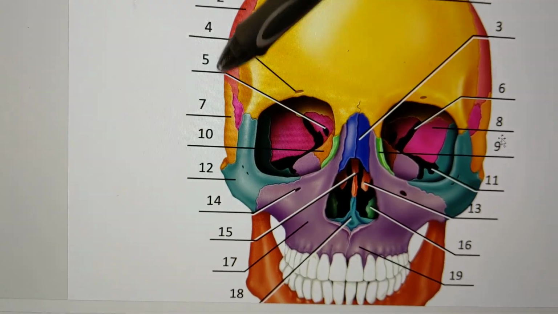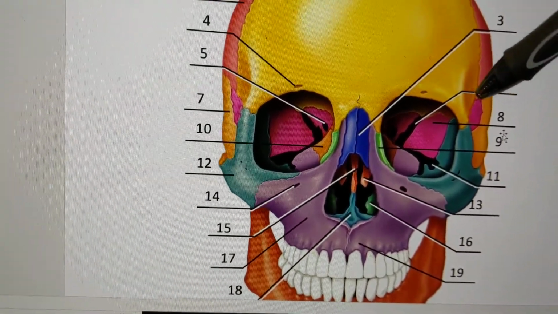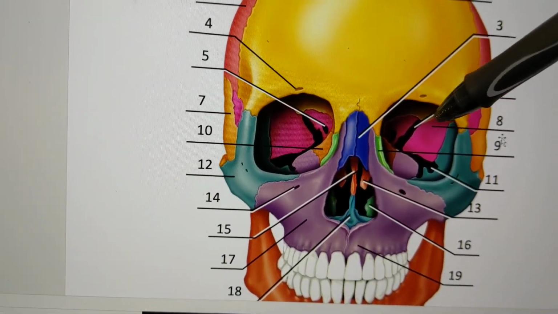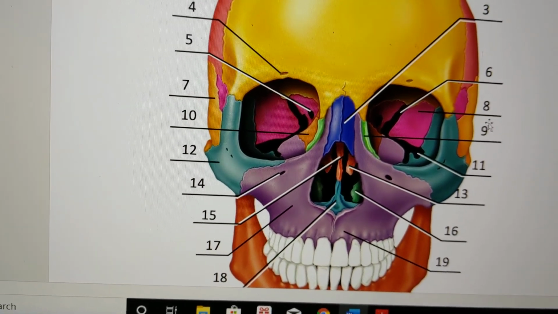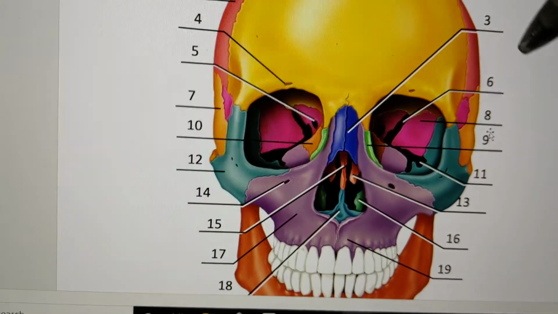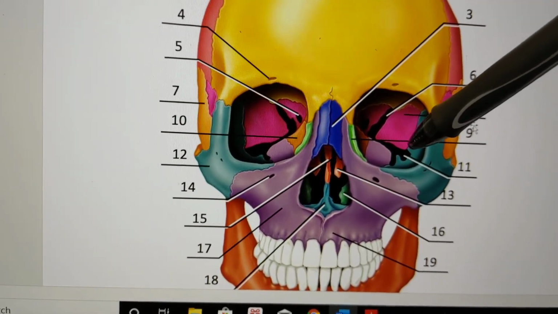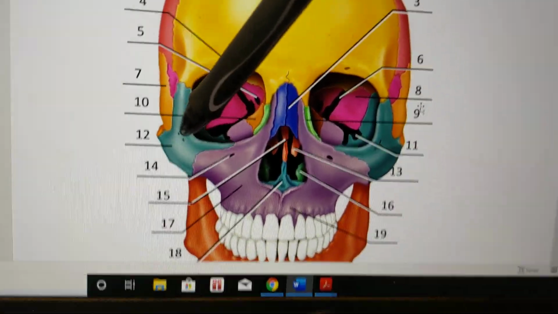7 over here is the temporal bone. 8 is the sphenoid bone. 9, lacrimal bone. 10, right here, is ethmoid bone. 11 is the inferior orbital fissure. 12 over here is the zygomatic bone.